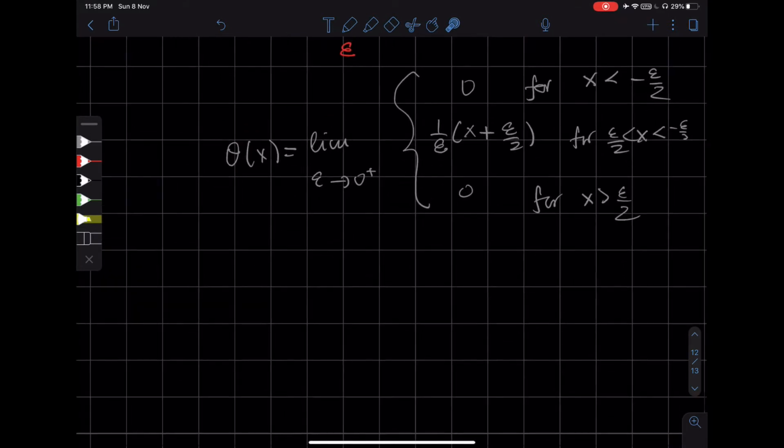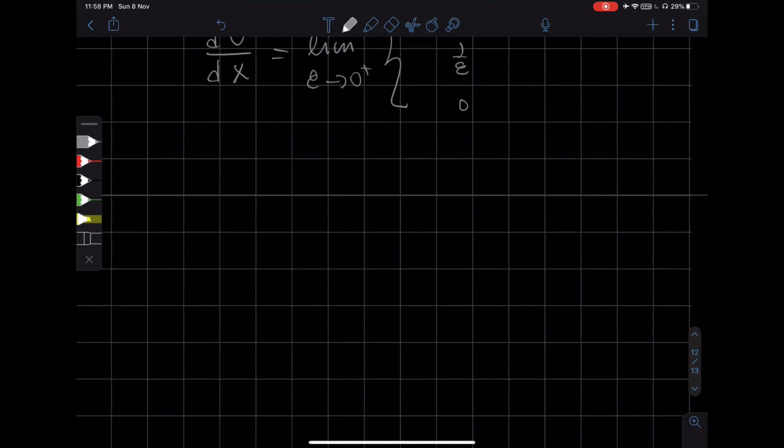So if I now take the derivative of this, then I get d theta by dx, and that's going to give me the limit where epsilon goes to 0 from the positive side. Of course, here I will get 0, and here I will get 1 over epsilon, and here I will get 0. So if I look at this function, what does it look like?